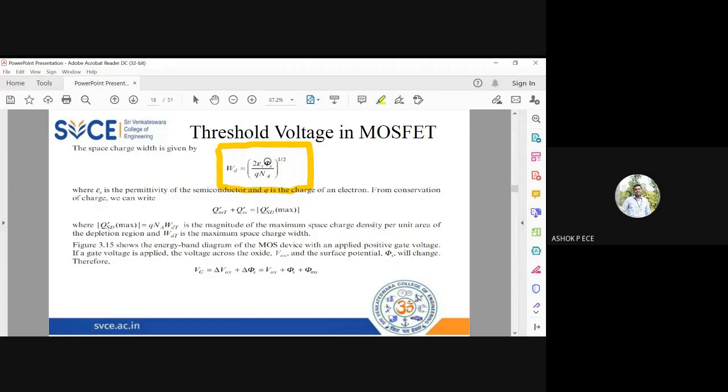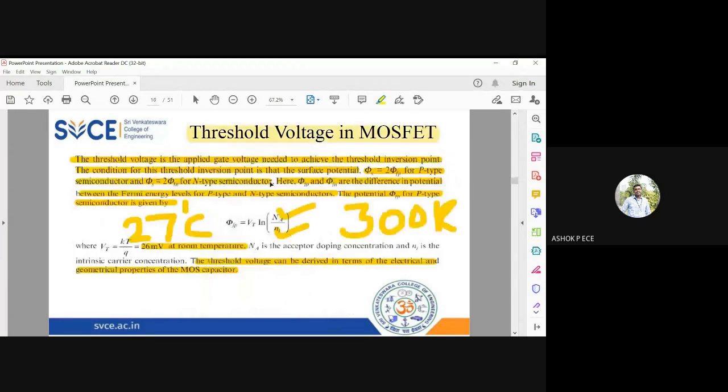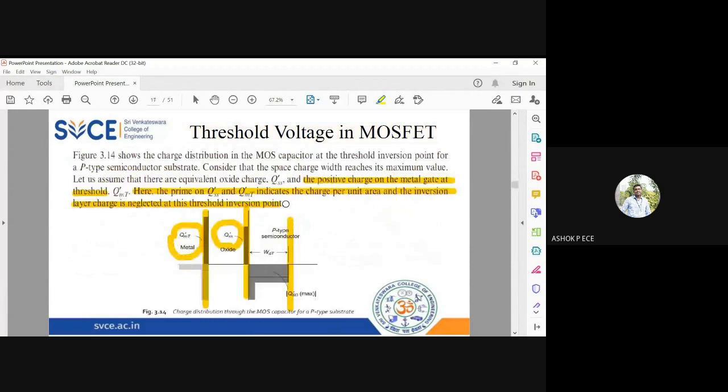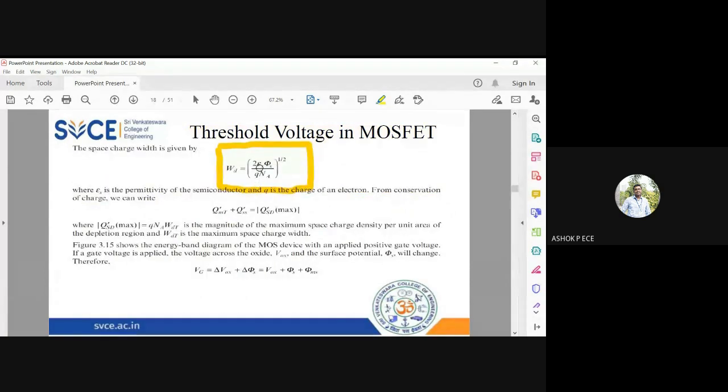Phi s is what we have seen, the surface potential. And q is the charge of electron. Na is the acceptor impurity, because I'm considering a p-type substrate. So the space charge width is given by this formula: WD equal to 2 epsilon s phi s by q Na, the whole power half.